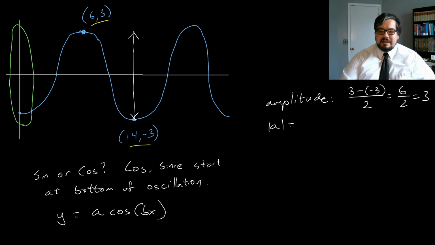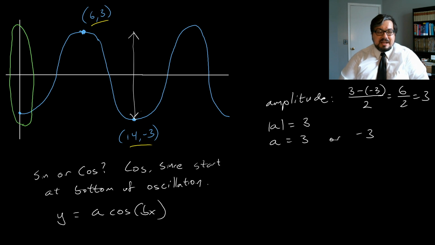So that means that the absolute value of a equals 3, which means that a is 3 or -3. Now, when working with cosine, we determine whether a is positive or negative by looking at whether the graph starts at the top or the bottom of its oscillation.